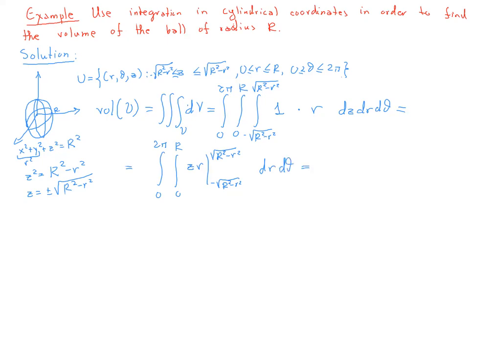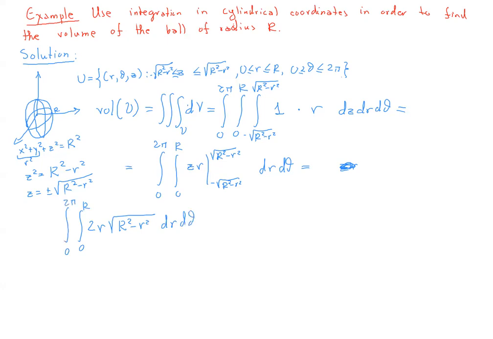And this, of course, is going to give us zr. The z is going to actually be replaced. So it's going to be r times the square root of R squared minus r squared, minus minus itself. So it will be 2r square root of R squared minus little r squared. This goes from 0 to R dr. This goes from 0 to 2 pi d theta.